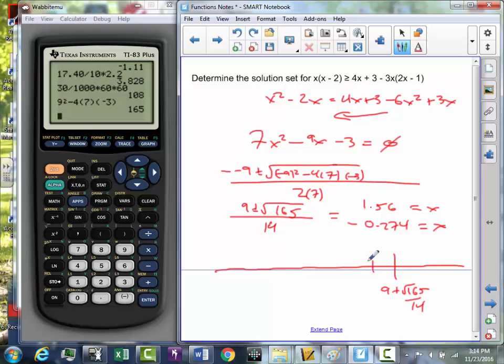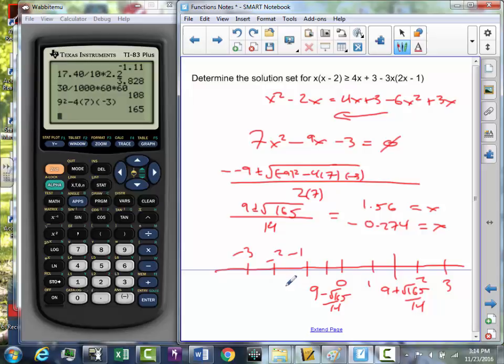And then you'll have the number 1 and the number 0. 2 will be somewhere here, and 3, something like that. And then the other value was negative 0.2 something, so it'll go right about here, and that's 9 minus root 165 over 14. Negative 1, negative 2, negative 3.